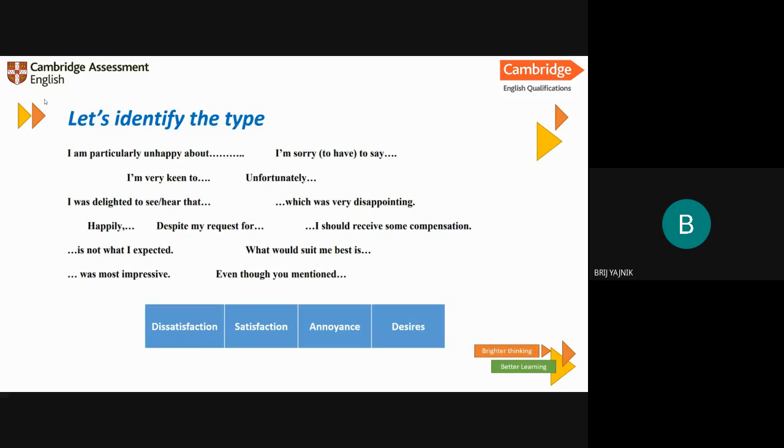Okay, let's talk about the second one. "I'm sorry to have to say." So, what do you think? What category is it? Can someone help me with that? Desires? I don't know how it is a desire, Leila. Desire is something else. Desire is the kind of thing you wish for, okay?